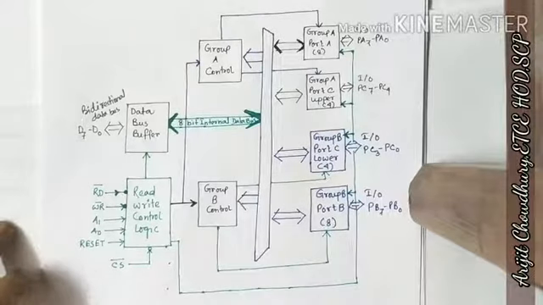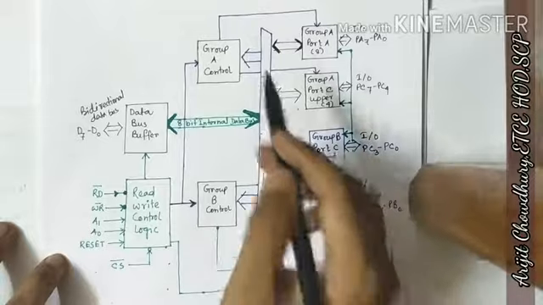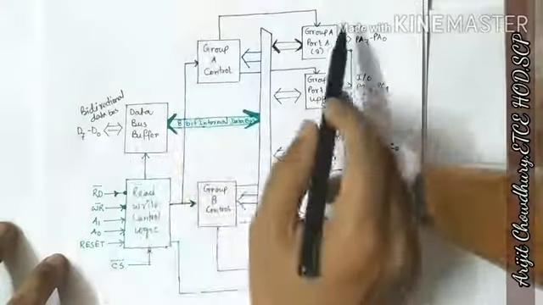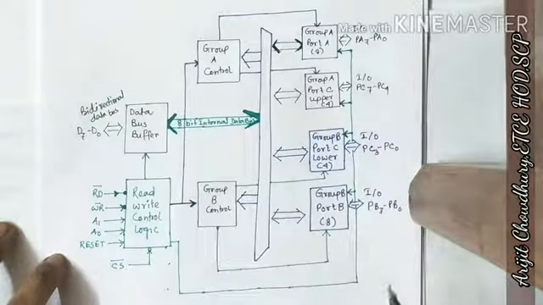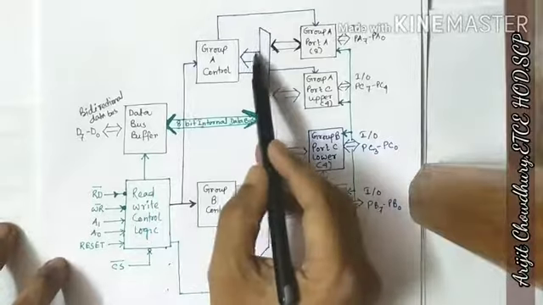So this is the 8255 IC. Peripherals such as a keyboard, printer, or AD converter are connected to the processor through it.